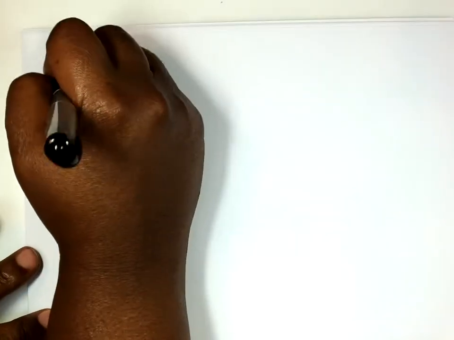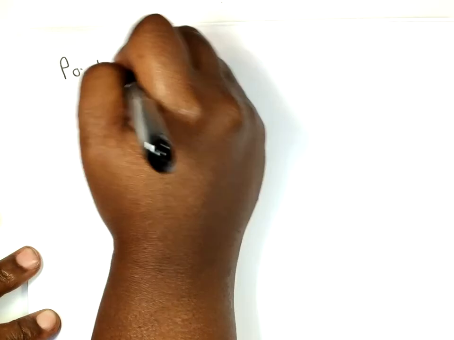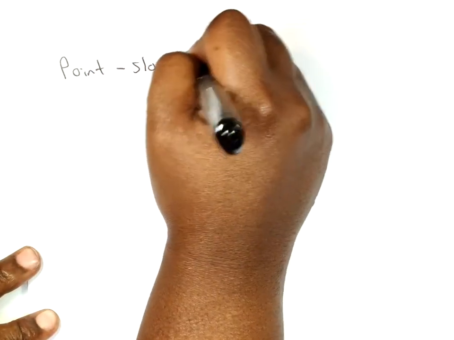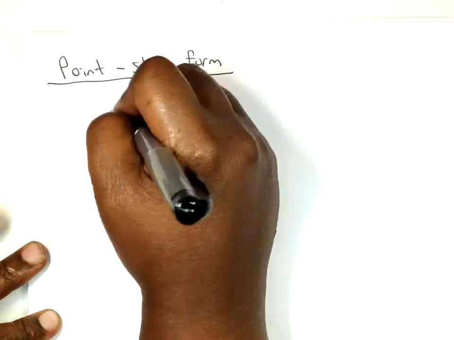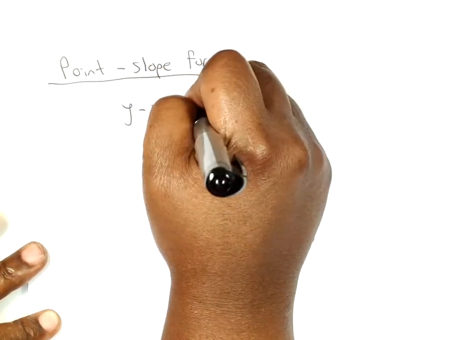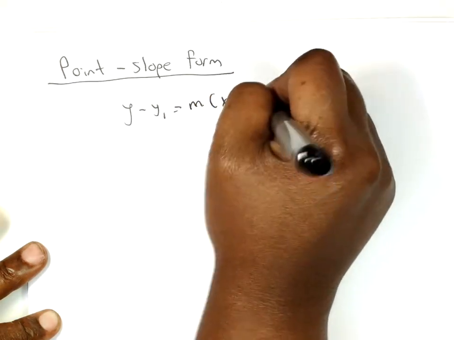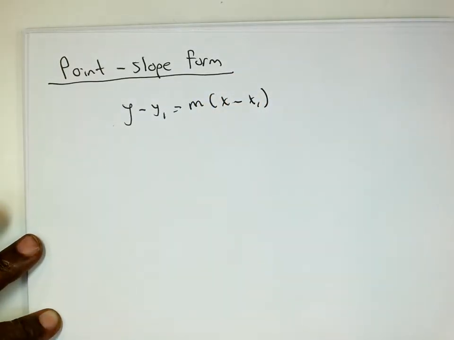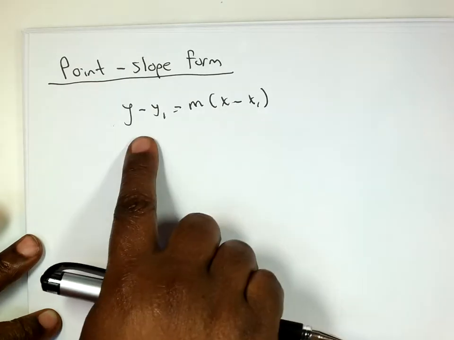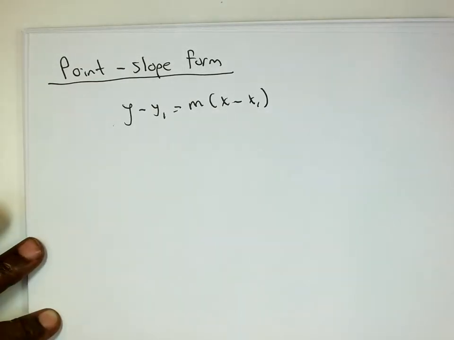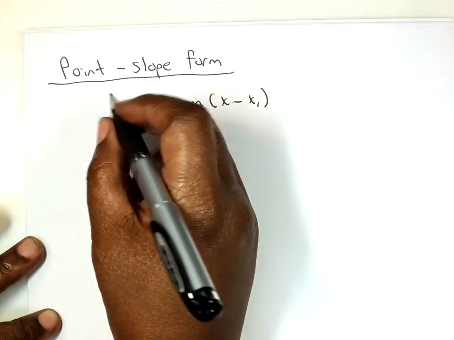Another form that you may not be as familiar with is point-slope form. And point-slope form is y minus y1 equals m times x minus x1. So this form doesn't tell you what the y-intercept is, like slope-intercept form did. The slope is still going to be in here, but this x1, y1 could be any point on the graph. But if you take it and simplify it, then you can get it down to slope-intercept form.